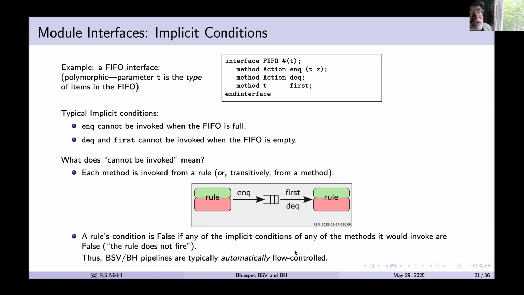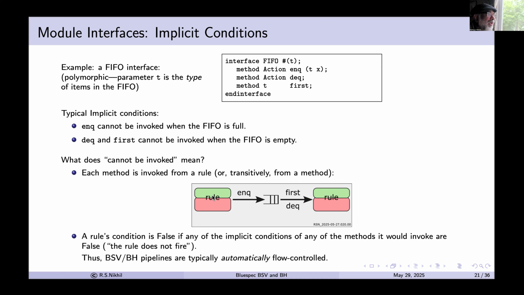You can almost think of a rule like a giant spider. In the middle is the rule, and it has all these methods that it calls initially in adjacent modules, and the methods in those adjacent modules may call further modules, and so on. But ultimately, every method invocation is tied to some specific rule. And all these implicit conditions in the rule govern whether that rule is enabled to fire or not. To fire meaning, can it be executed? Is the rule condition true?